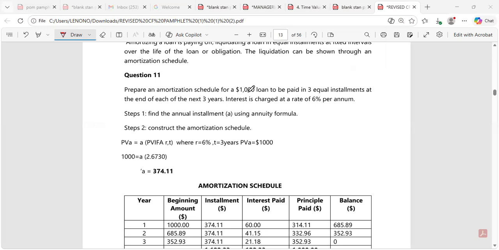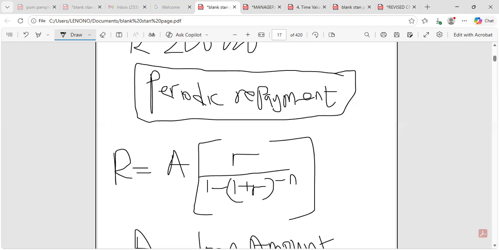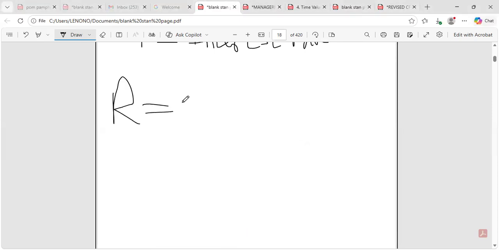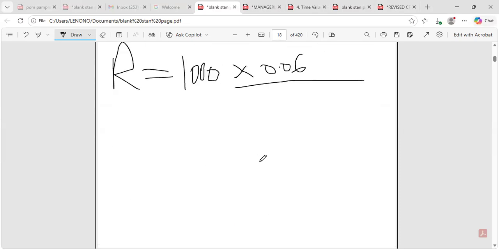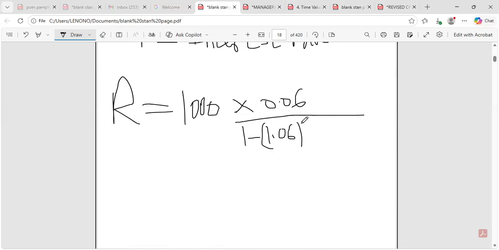So our payment would be 1,000 multiplied by 0.06 over 1 minus 1.06 to the power -3.